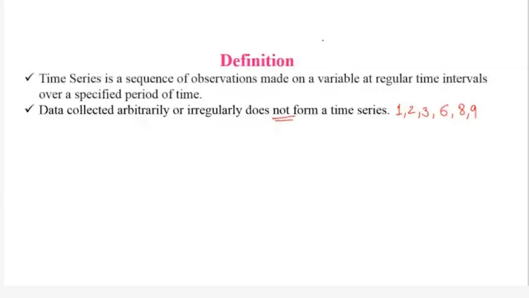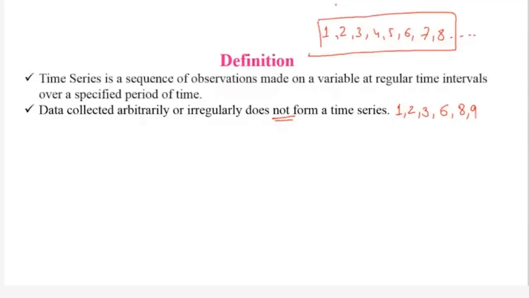If I'm collecting data in the first month, second month, third month, 4th, 5th, 6th, 7th, 8th month, and so on, this is a time series. Months, year, whatever it is, day. Fixed interval of time. If you are not doing that, then it is not a time series.